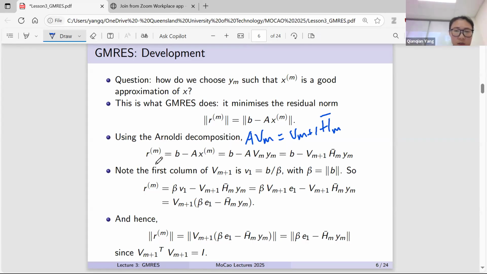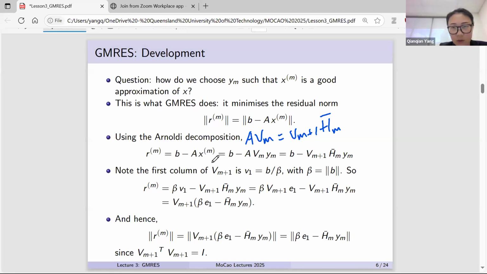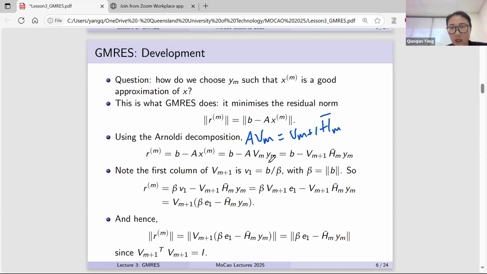So now let's have a look at our residual. Rm is B minus A Xm, and because Xm is in the Krylov subspace Km, Xm can be written as Vm times Ym. And then we use the Arnoldi decomposition: replace A Vm with V_{m+1} times H_m bar. So that becomes this term here.